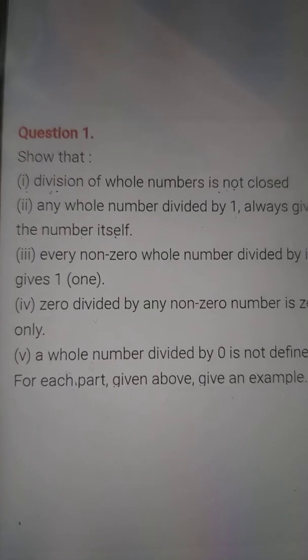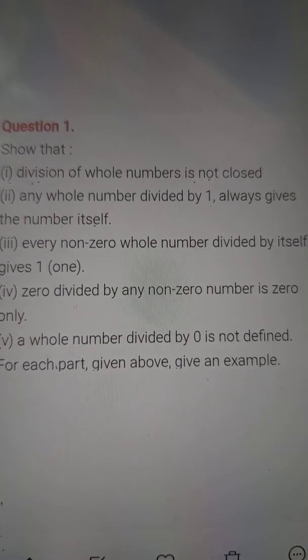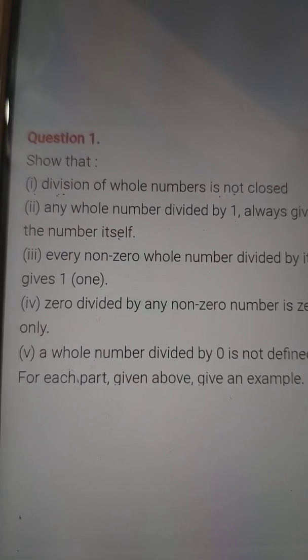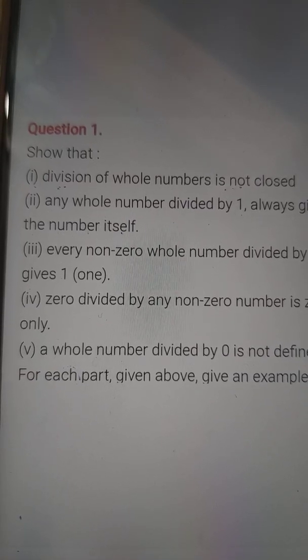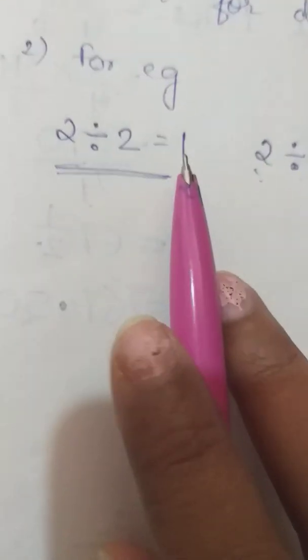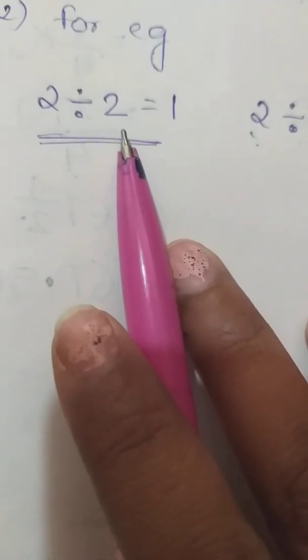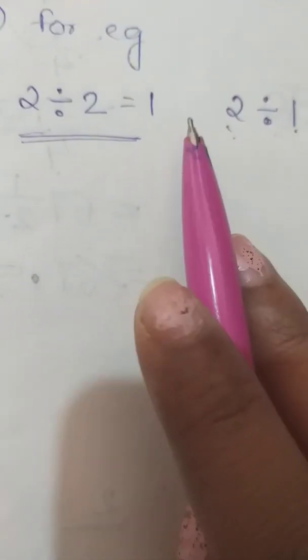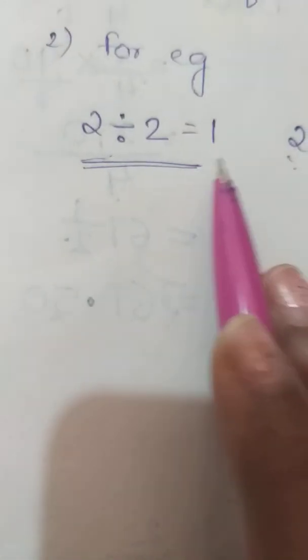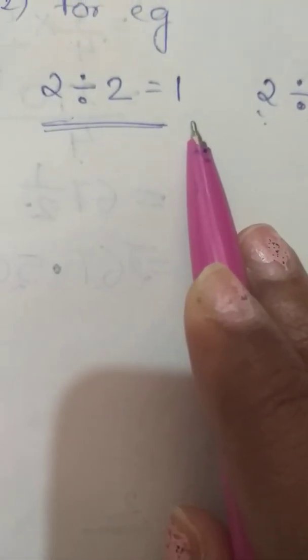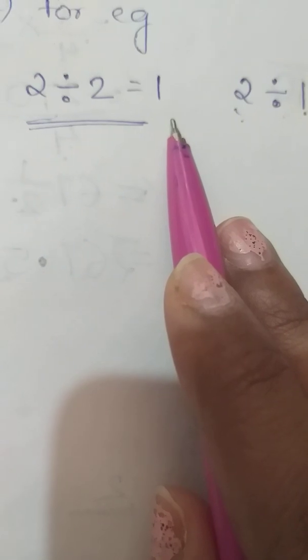Now the next question. Every non-zero whole number divided by itself gives 1. Like 2 divided by 2 is equal to 1. So in this case also the above statement is true.